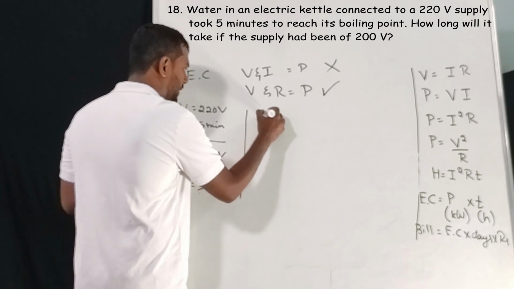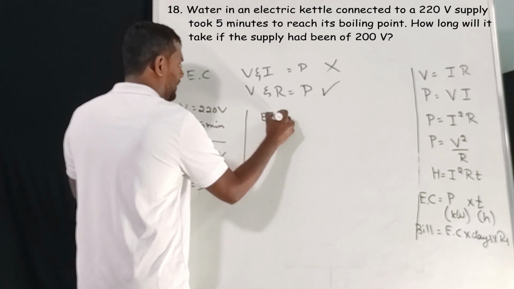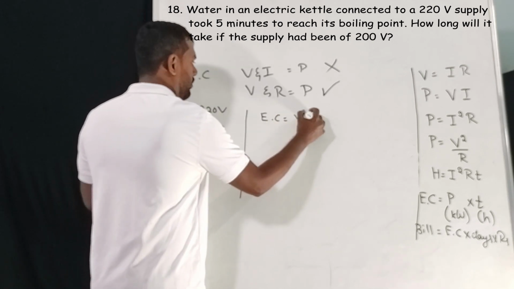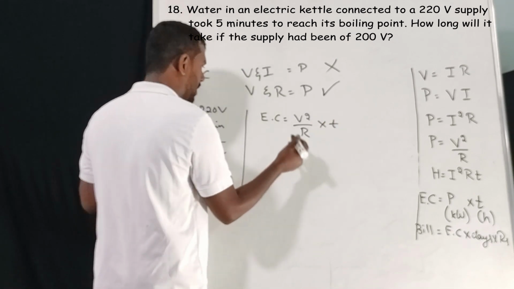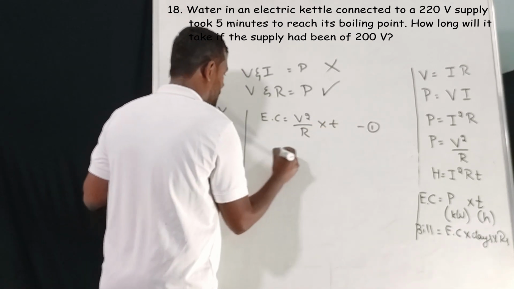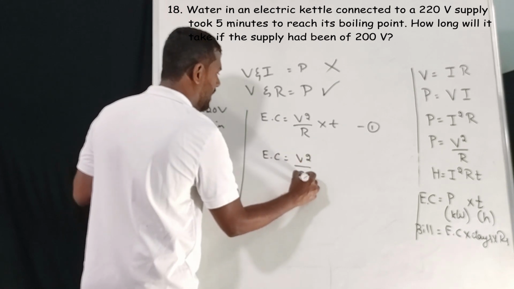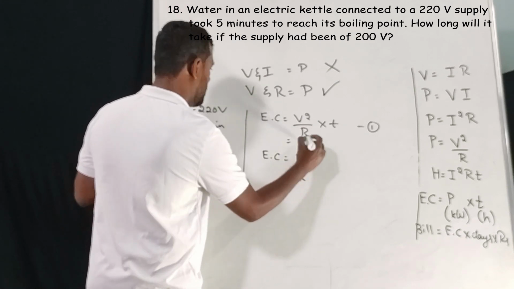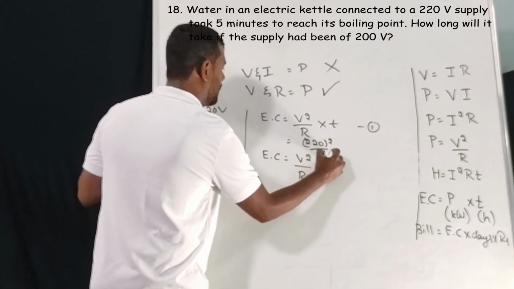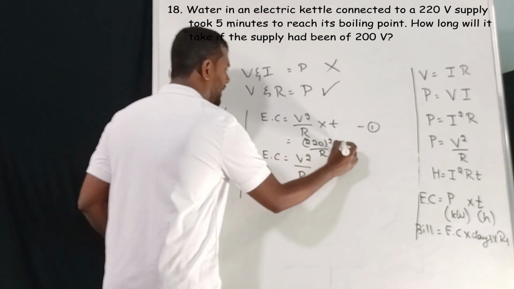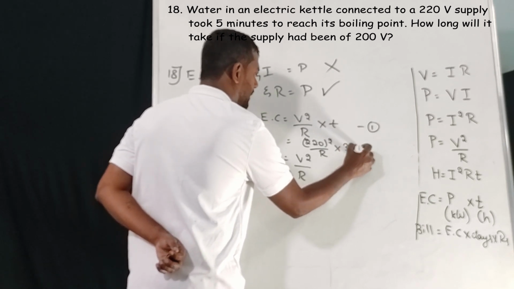So energy consumption in the first case, EC is equal to V square by R, that is power, into T. This is the first case, and in the second case the same thing, V square by R. So here V square is 220 square by R into 5 minutes, which is 5 into 60, that is 300.